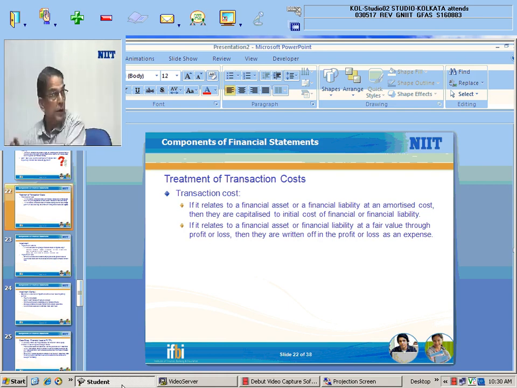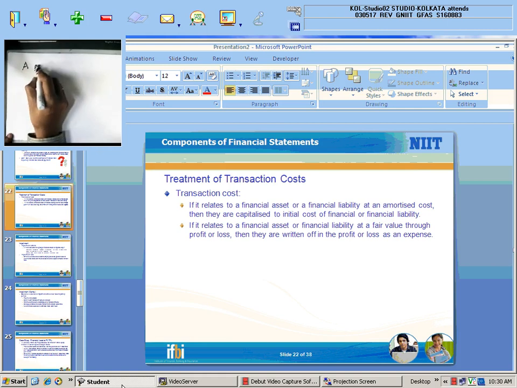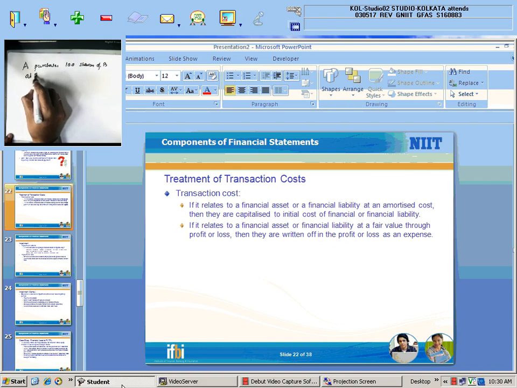So the example is, A purchases 100 shares of entity B at $124 per share.